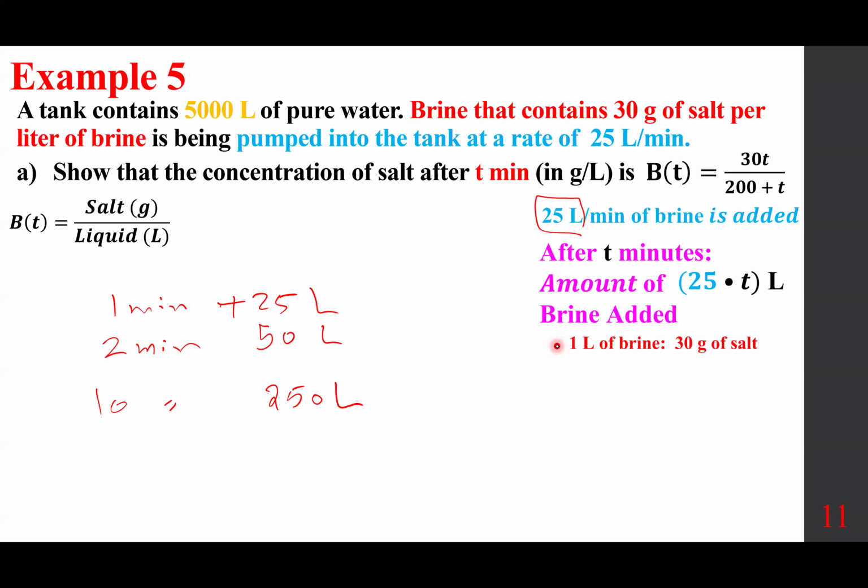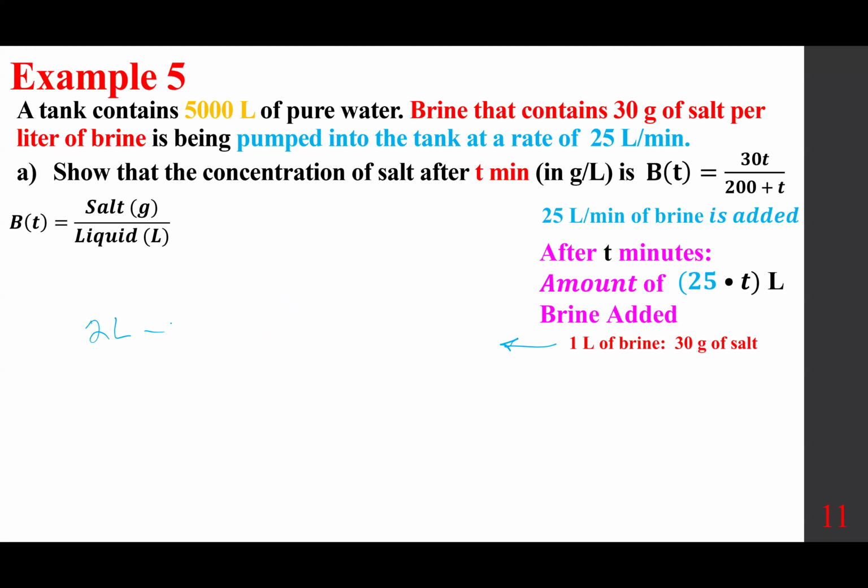So let's look at this concept now. 1 liter gives us 30 grams. 2 liters gives us 2 times 30. 5 liters gives us 5 times 30 grams, okay? So 10 times 30, right? So whatever the number of liters.